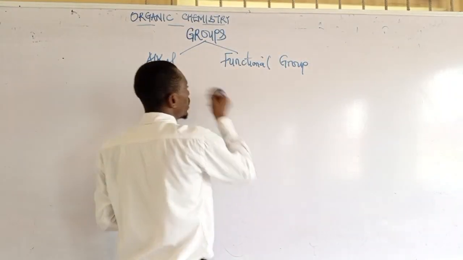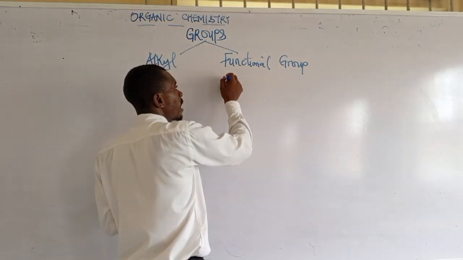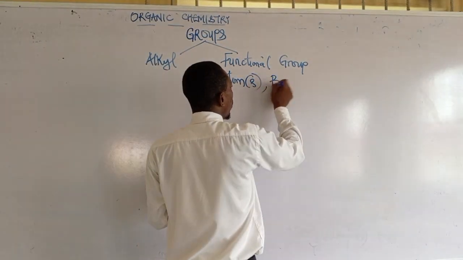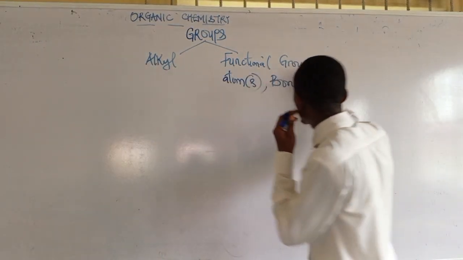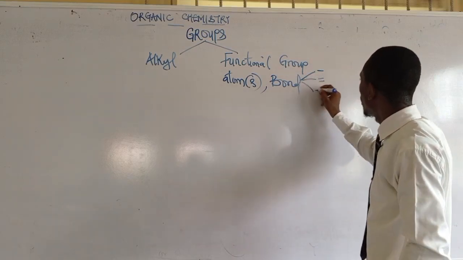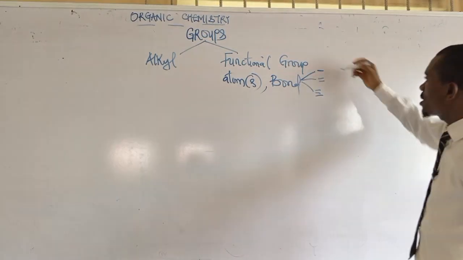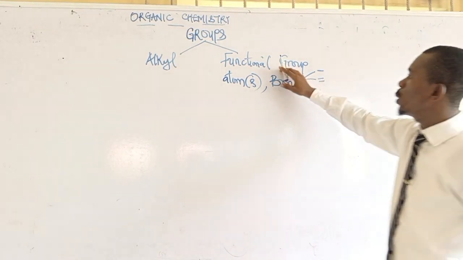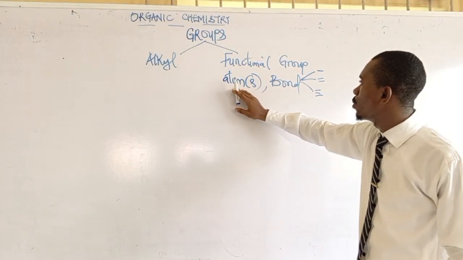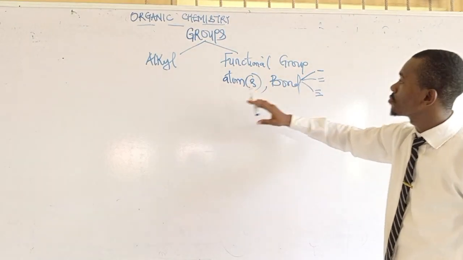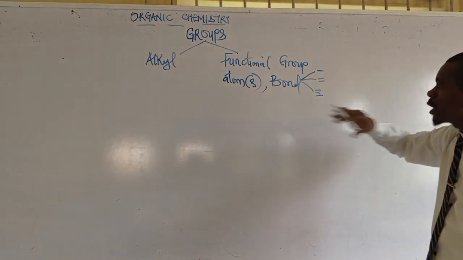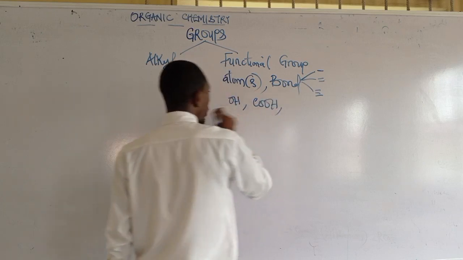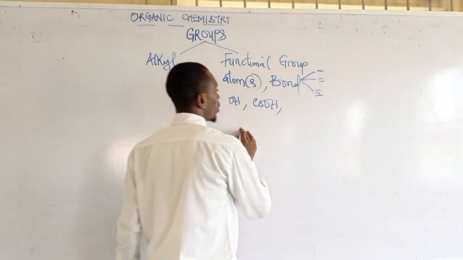Then the functional group is talking about an atom or a group of atoms, or a bond. By bond we mean it could be single bond, double bond, or triple bond. If it's a single bond, it is the alkane, double alkene, triple alkyne. So functional groups are simply bonds, an atom, a radical, or a group like the OH group, the COOH group. OH is alkanol, COOH is carboxylic acid.